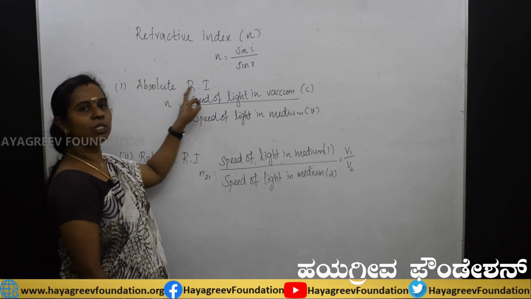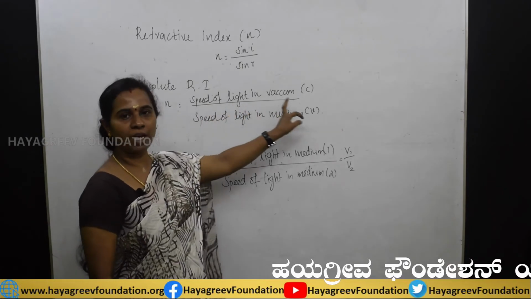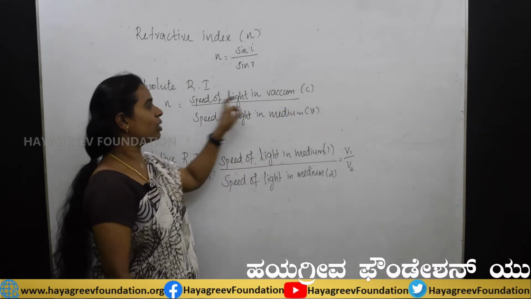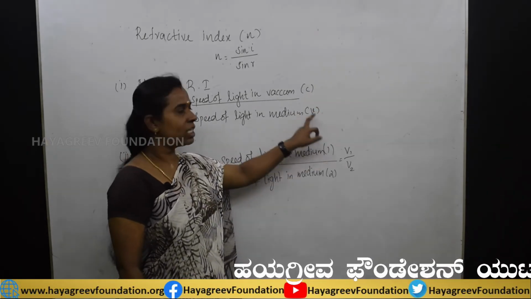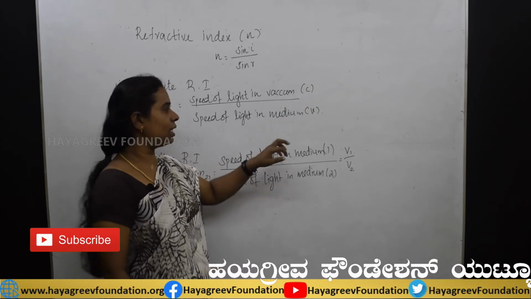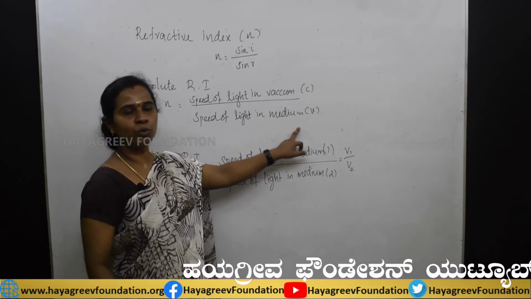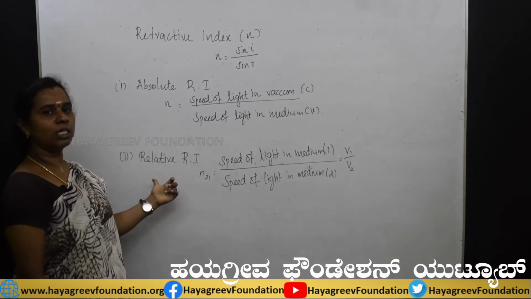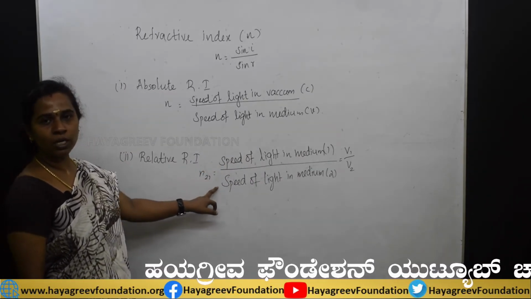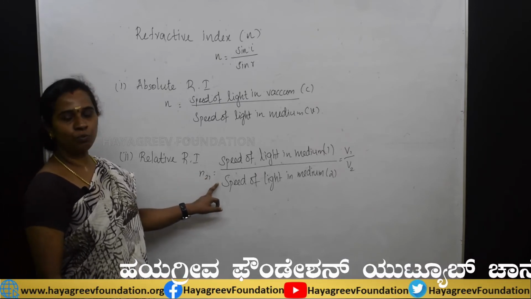Absolute refractive index is defined as the ratio of the speed of light in vacuum to the speed of light in a particular medium. The formula is n equals c divided by v. The speed of light in vacuum, c, is 3 into 10 power 8 meter per second. The speed of light in a particular medium changes from one medium to another. Next, we represent it by n21, which means the refractive index of the second medium with respect to the first medium.